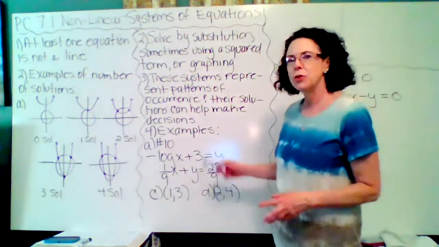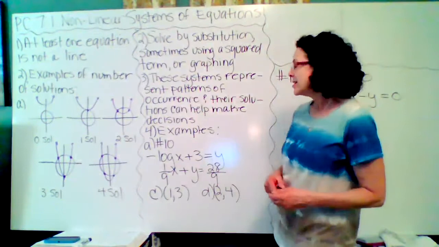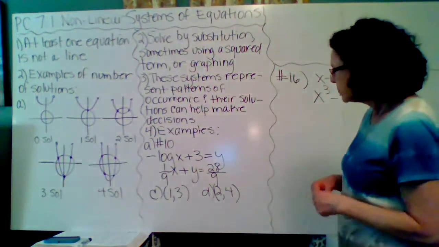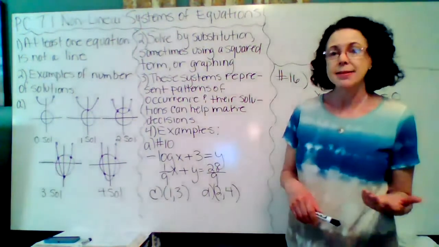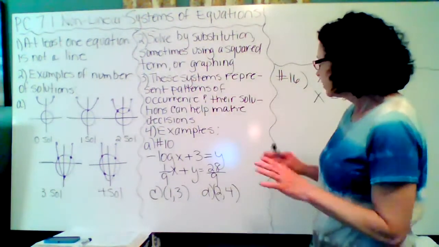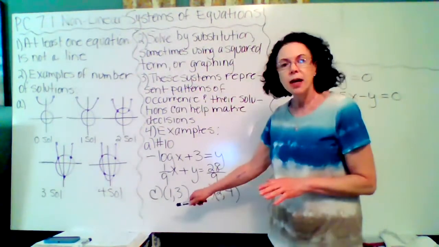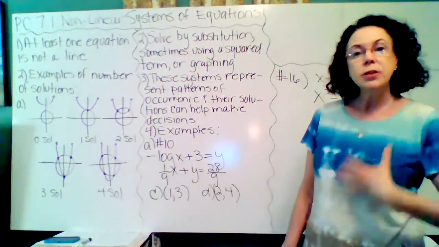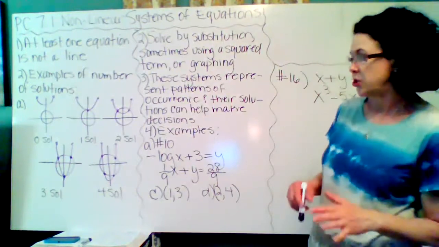And the first equation has a log in it? What they're asking for in number 10, and problems like that I assign, is they give a list of possible solutions, and they're asking which points are solutions and which are not.